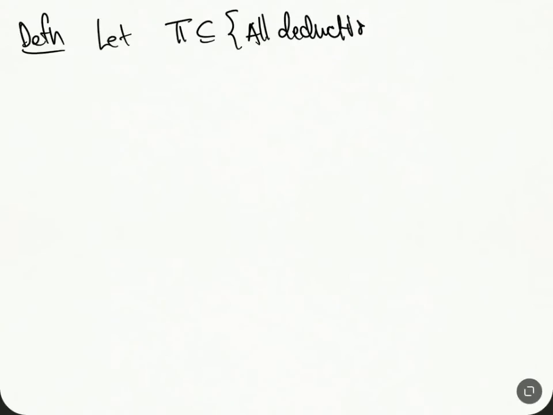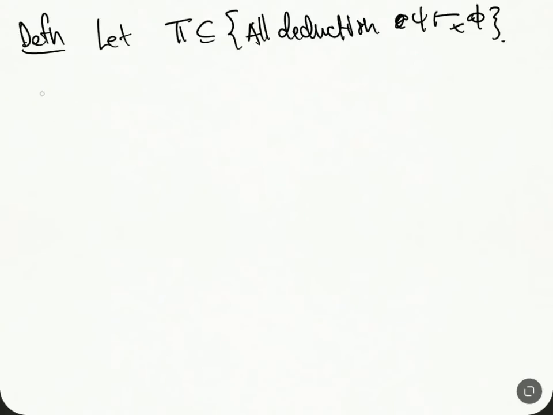Definition. Let T be a subset of the set of all deductions, so everything like this. Let's say psi. So we take some theory and some signature with some variables. So we have this language, and we have the subset.